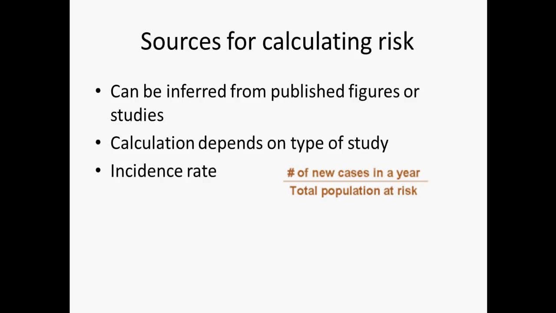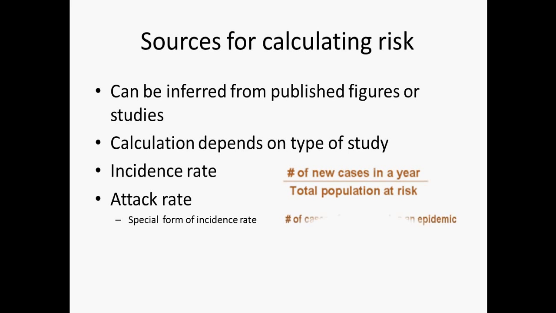So this incidence rate can be calculated from what we call a cohort study, because in a cohort study we try to look at development of new disease in the study groups. So that's incidence rate. There is another form of incidence rate which is known as an attack rate. It is a specific form of incidence rate which is generally calculated when we study epidemics.